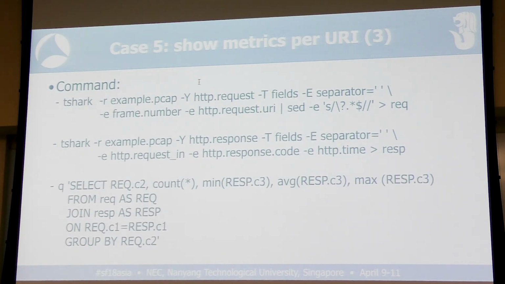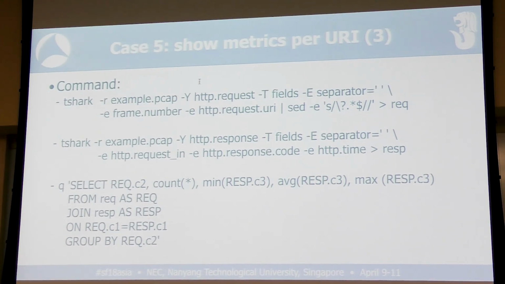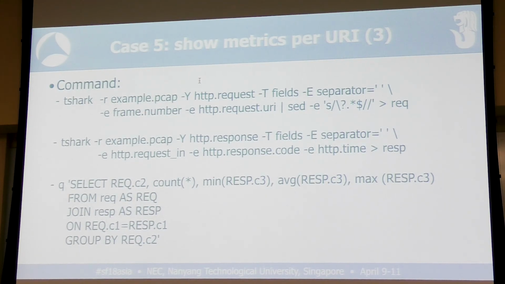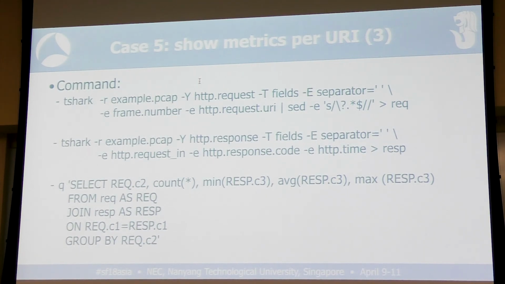What was the common field index you used to join it again? In the request I used the frame number, and in the response I used the HTTP request in field, which is binding the two together. And this is a simple example, but of course for your own problem, you can decide for yourself which fields to use and how to combine them.